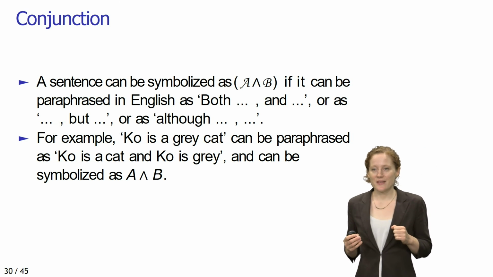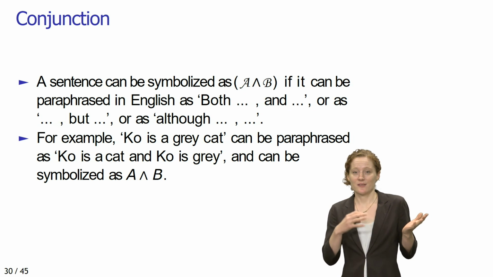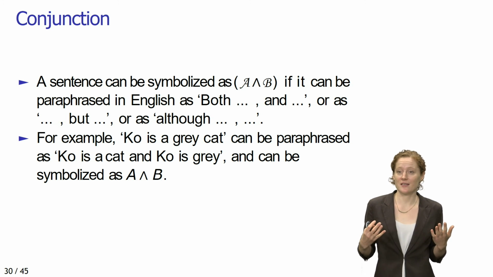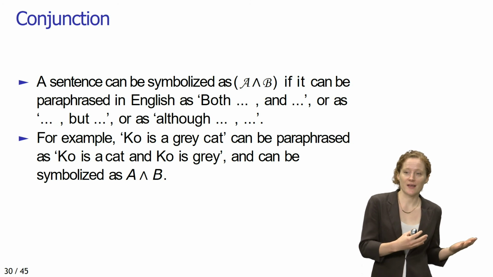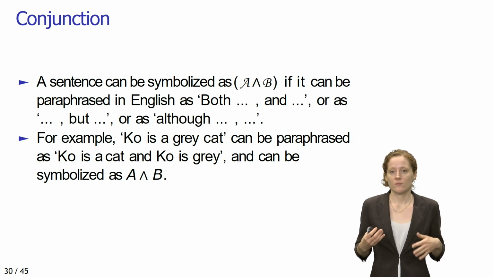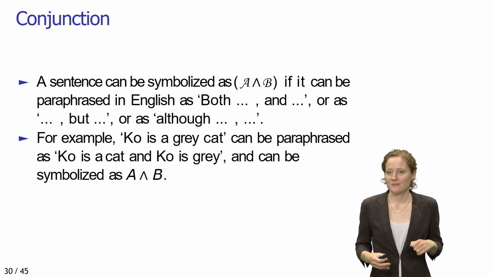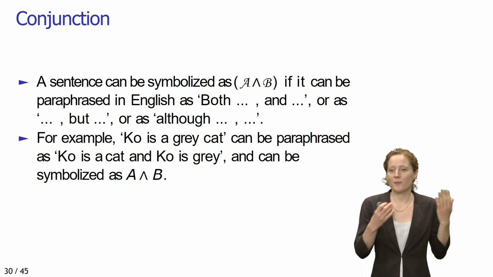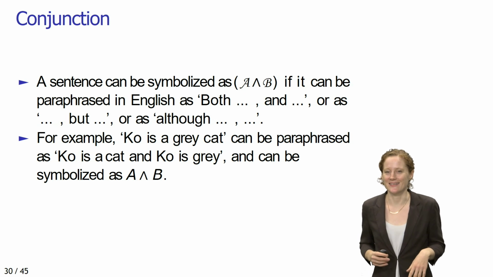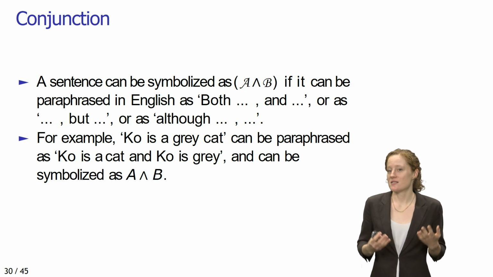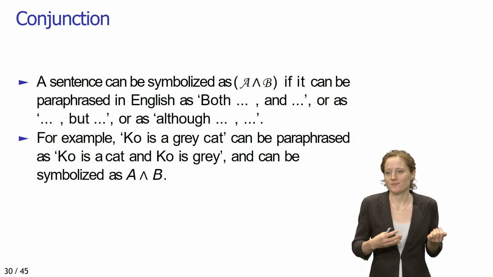A sentence can be symbolized as A conjunction B if and only if it can be paraphrased in English as "both blank and blank," or as "blank but blank," or as "although blank, blank." So for example, think about the English sentence, "Co is a gray cat."